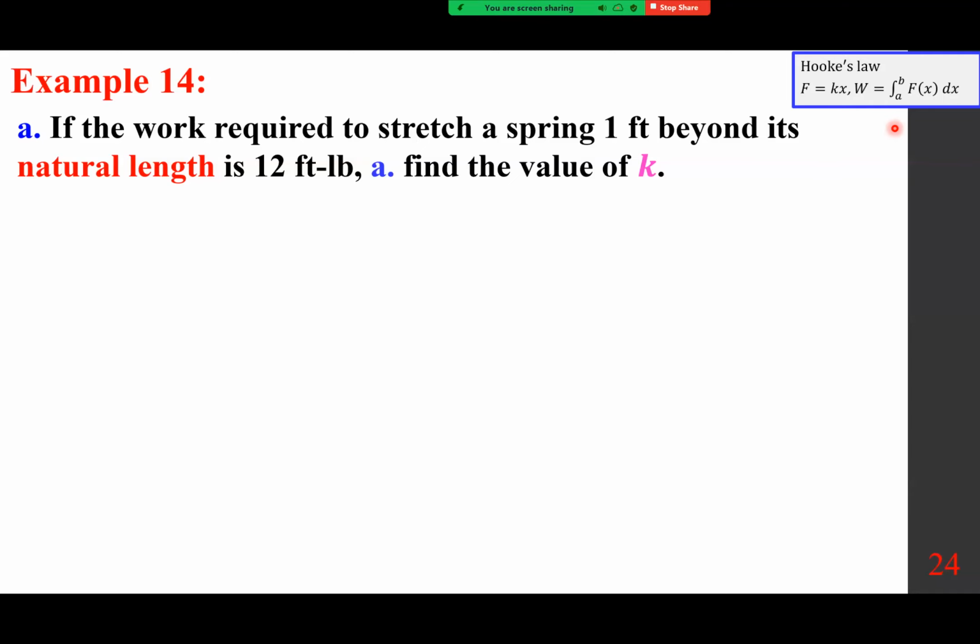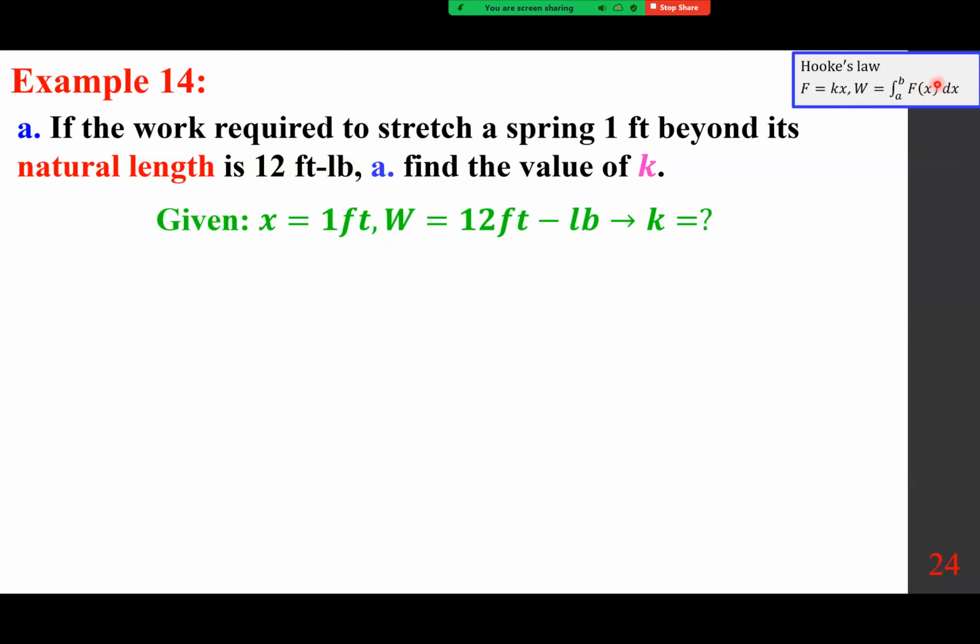The work W is 12 foot-pounds, and K is missing. First, write the given symbolically anytime you're dealing with a word problem.